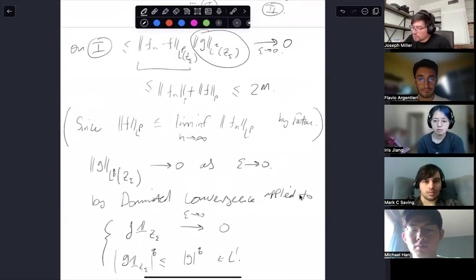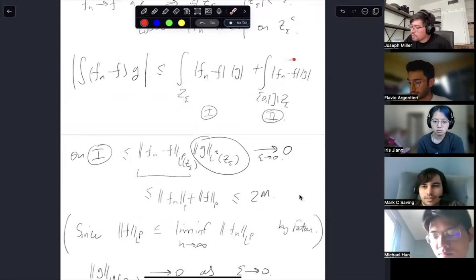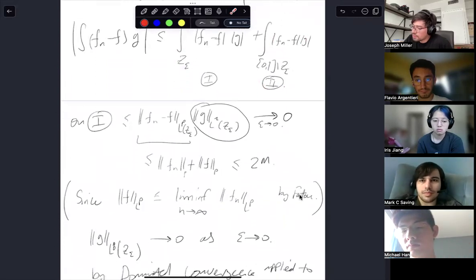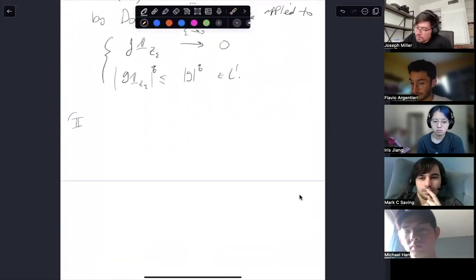For the other part, so this was the part where I'm on the small measure set, Z epsilon. On the part where I'm on the main chunk, I used Egorov to show that these are uniformly convergent. So for 2, I'll write it out.